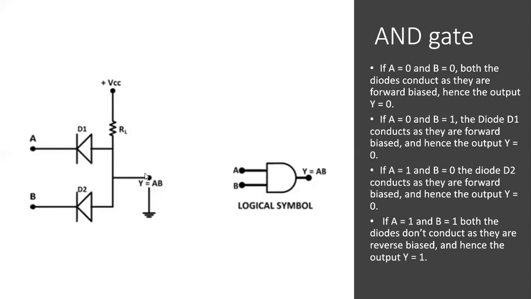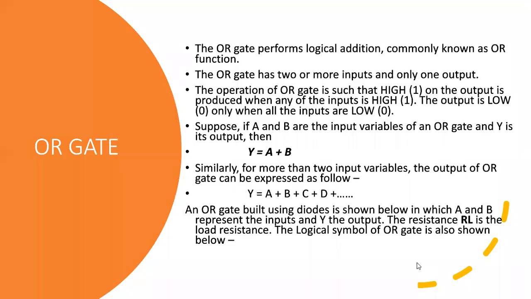Then only it will produce the high output. The same thing is mentioned here. For 0 0 input, the output is 0, that means low. If you give 0 1 inputs or 1 0 inputs, again the output becomes 0. If you give 1 1 input, the output becomes high.